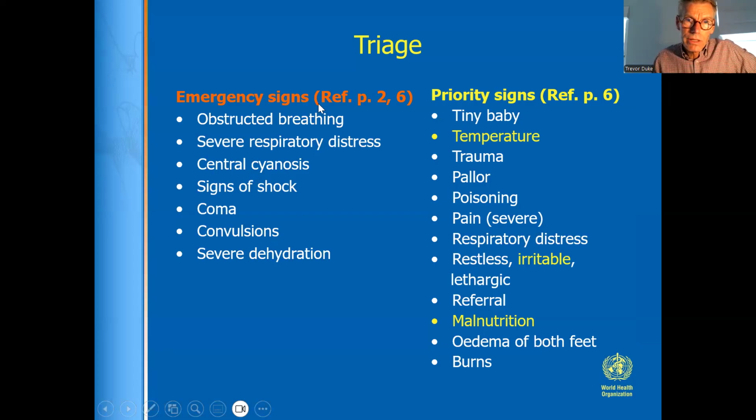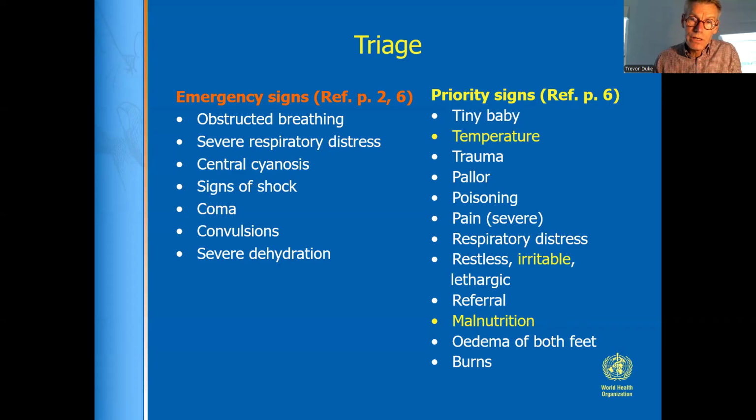Remember, when you're assessing children at triage, you need to decide if they've got any emergency signs or if they've got priority signs. And Thomas had some priority signs. He had a high temperature, he was irritable, and he had moderate malnutrition. So he should be seen.